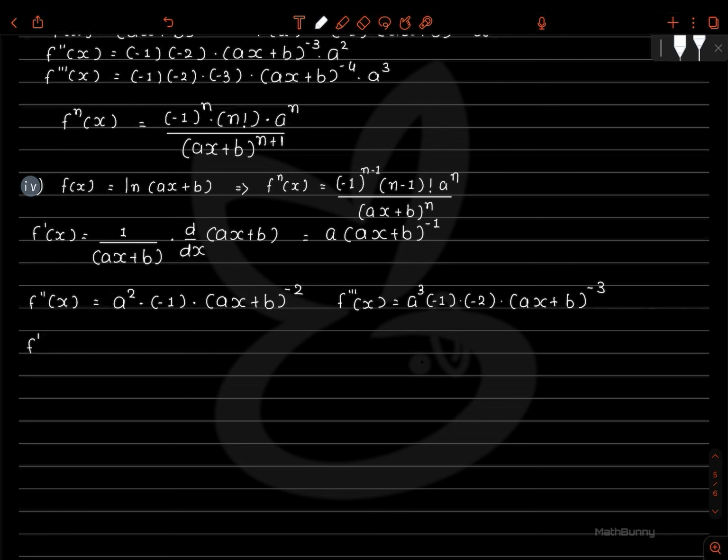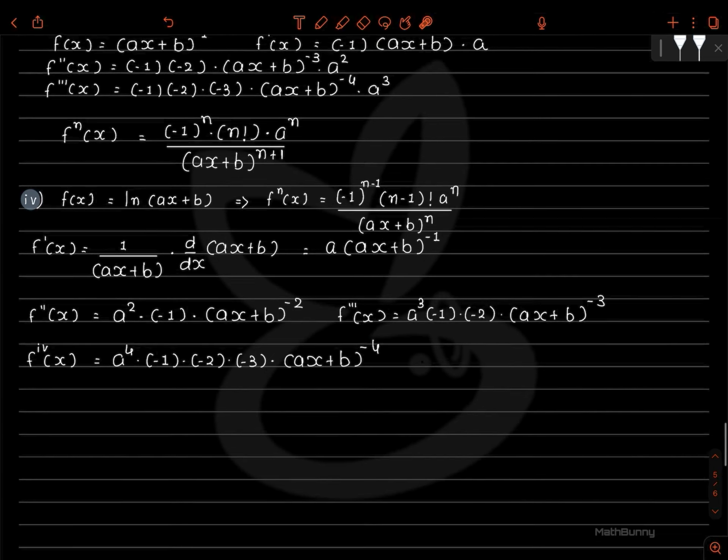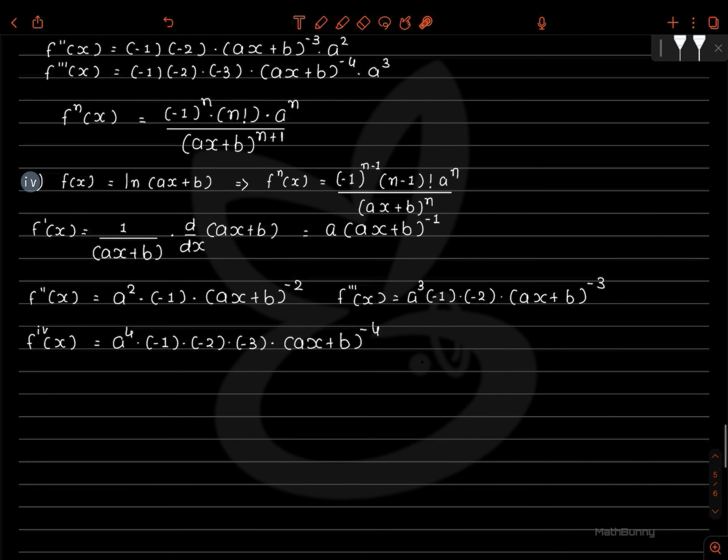Again let's differentiate. The fourth derivative of f of x would be equal to a raised to 4 into minus 1 into minus 2 into minus 3 into (ax plus b) raised to minus 4. Now again, just like the previous example, we can see the pattern.